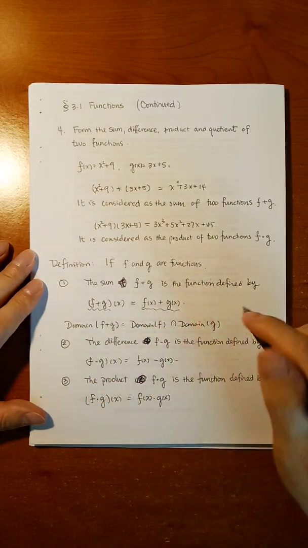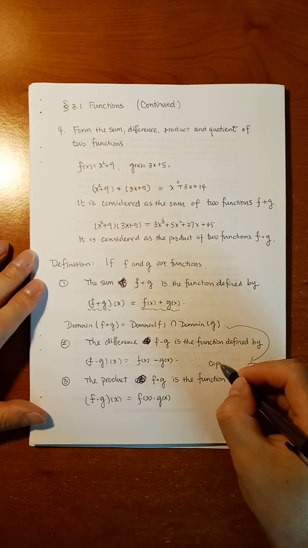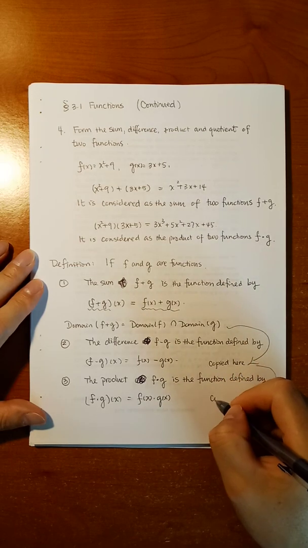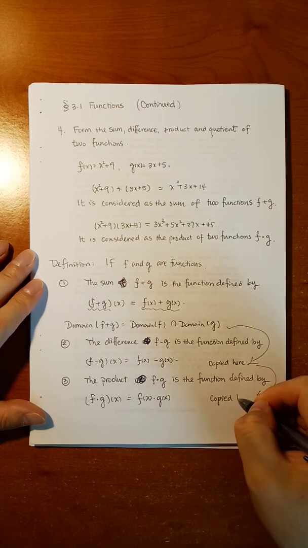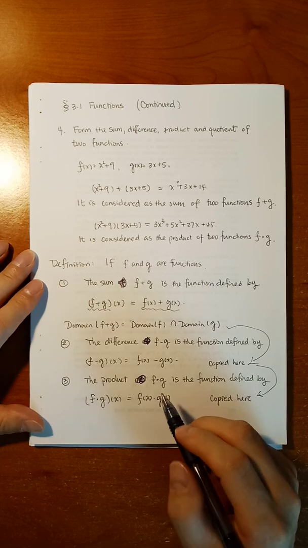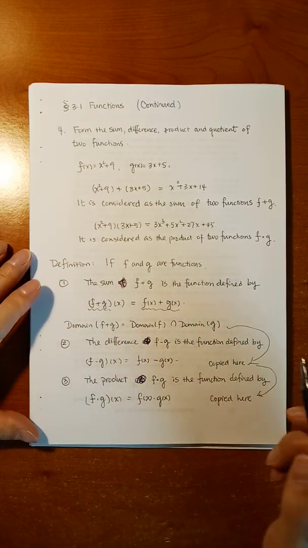So here I should copy this condition here, and also copy it here. So whenever you see f(x), g(x) appear together, then x should belong to the intersection of two domains.